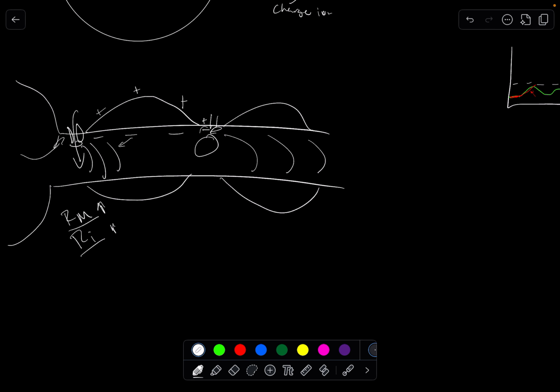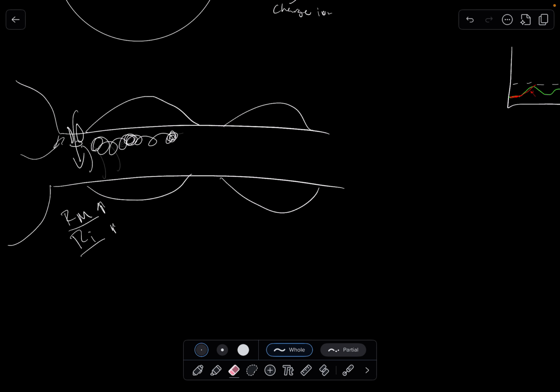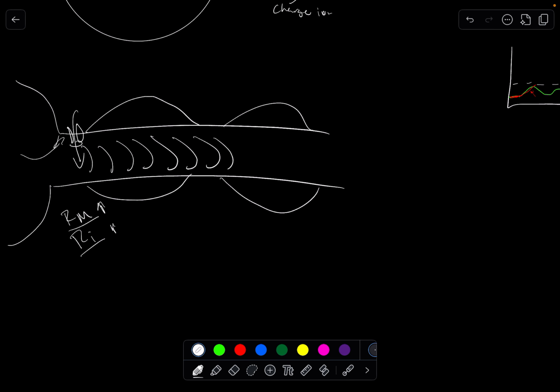And so what myelin does is it's going to increase the internal resistance just a little bit, because we're not going to have as much movement, but it's going to also increase the membrane resistance, so our membrane is going to be able to keep these positive charges in here so they can spread along further, right?